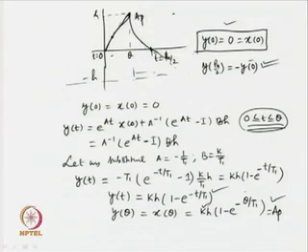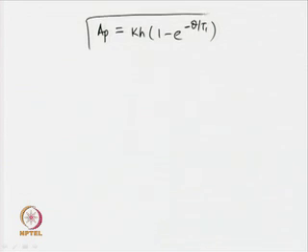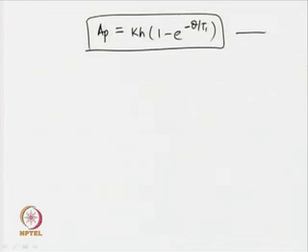What are the unknowns? The unknowns are k, theta and T 1. So, we have developed one analytical expression which is given as A p is equal to k h 1 minus e to the power minus theta upon T 1. So, this is an important expression for us, which will be used further for estimating transfer function model parameters.